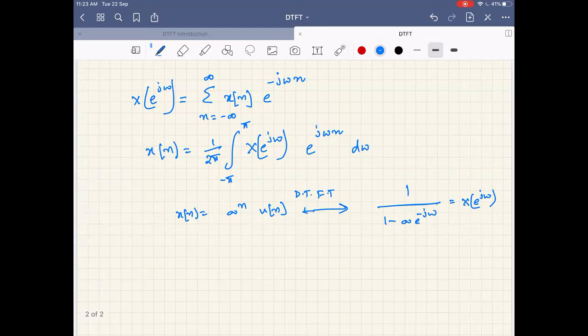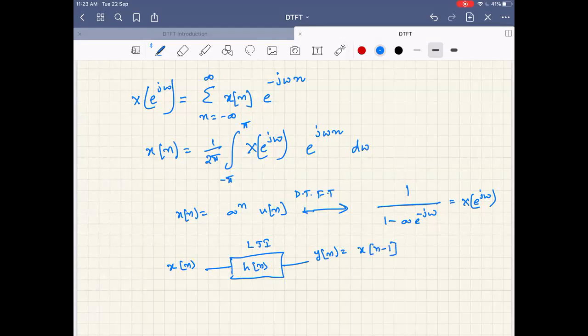So now let us take another example. We have seen how to apply the discrete time Fourier transform on a signal. Now we will take a slightly different example where we have a system for which x of n is the input and the output of this LTI system, let it be y of n, is equal to x of n minus 1.